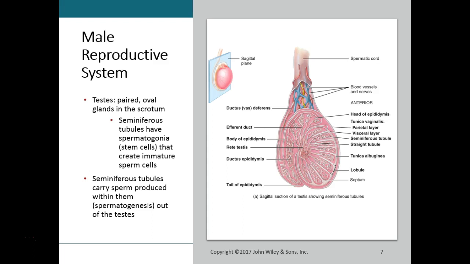Each of the lobules, and there are about 200 to 300 of them, contains 1 to 3 very tightly coiled tubules called seminiferous tubules. Here you see a lobule, and within it you have these coiled tubes, your seminiferous tubules. It's within the seminiferous tubules where spermatogenesis occurs. Spermatogenesis, of course, is the making, or the origin, of those sperm cells.